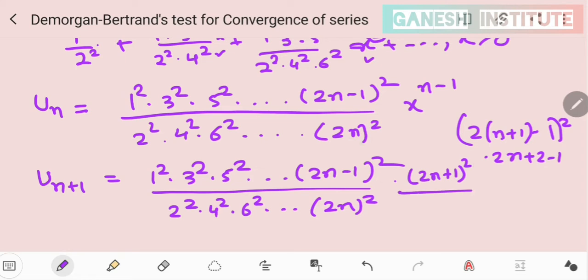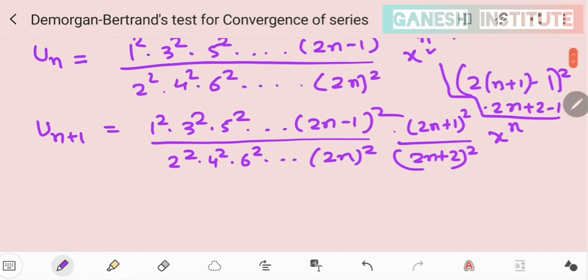And in the denominator, if you put n plus 1, that means 2n plus 2. And if you put n plus 1 in the power of x, the n plus 1 and the 1 will cancel, so it would be x raised to power n, right? So this is your n plus 1 term.